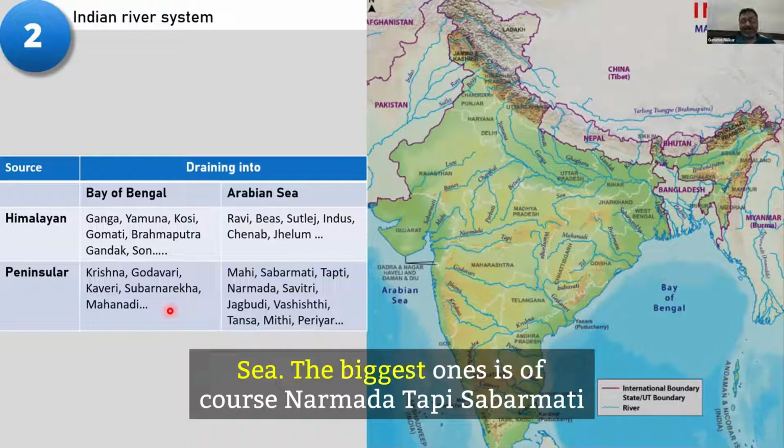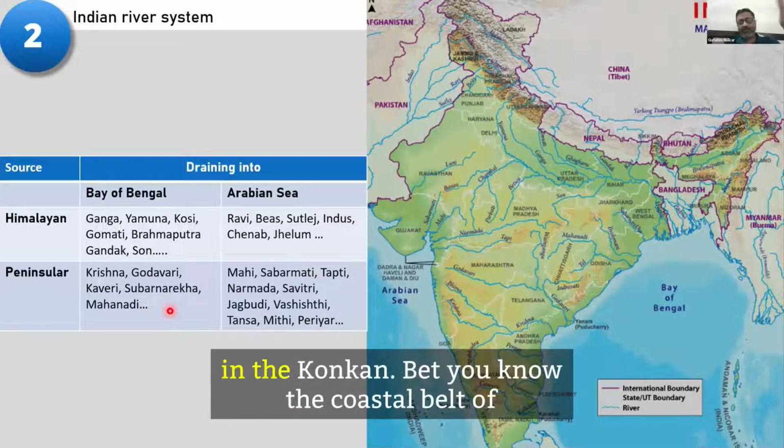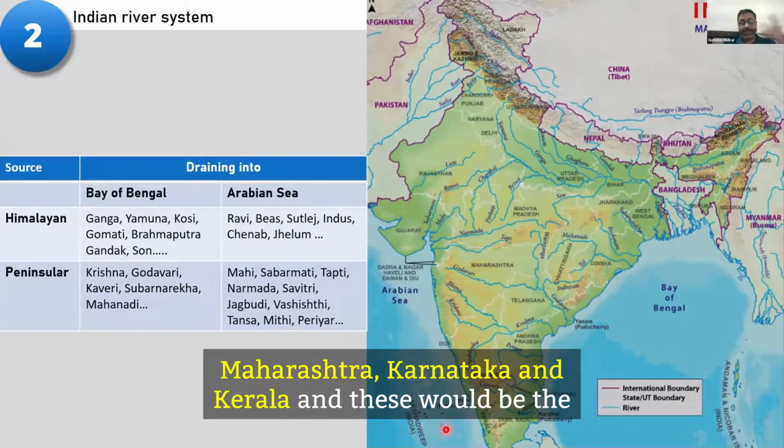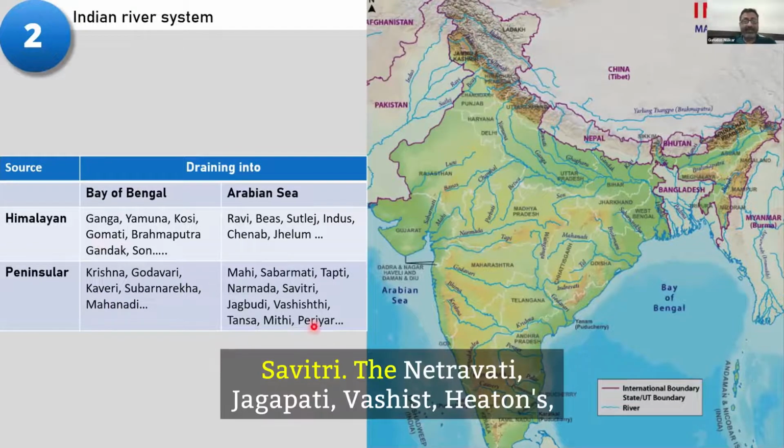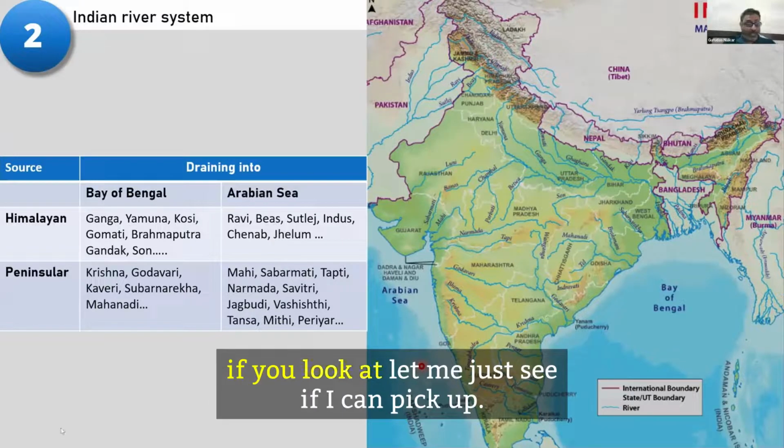The biggest ones are, of course, Narmada, Tapi, Sabarmati, Mahi. But you have a host of very small rivers which flow in the Konkan belt, the coastal belt of Maharashtra, Karnataka, and Kerala. These would be the Savitri, the Netravati, Jagabudi, Vashishti, Tansamit, all of these kinds of rivers which flow there. So if you look at, let me just see if I can pick up.